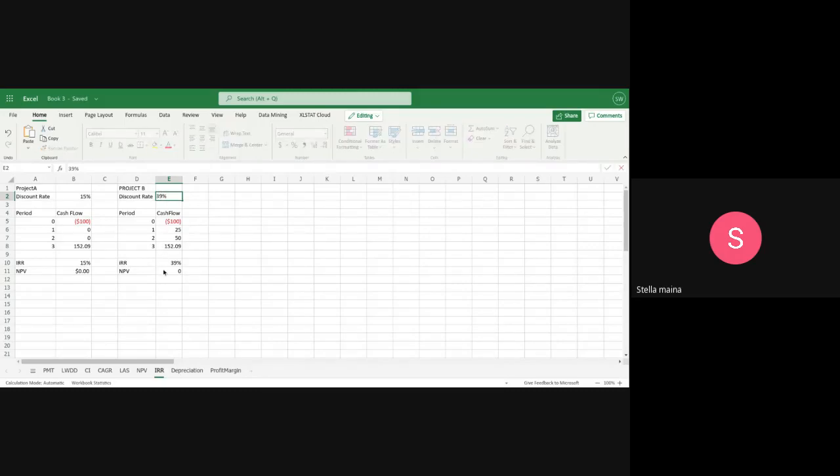And then we now come ahead here and input our NPV into E2, comma from E6 up to E8 plus E5, and we get that as 0.